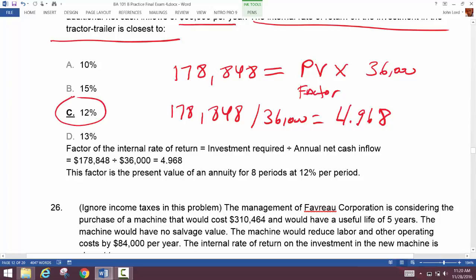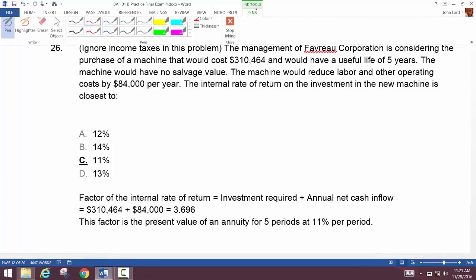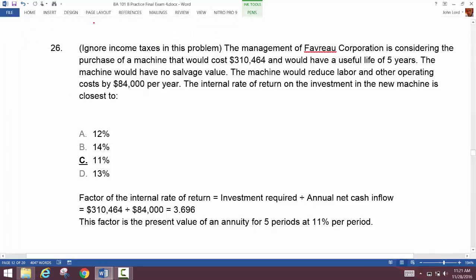Okay, good. Let's take a look at this one. Internal rate of return now. Let's set it up again. I don't know that it's necessary, but it doesn't hurt us to think through the logic again. So the internal rate of return is the rate of return that causes my net present value to be 0, right?